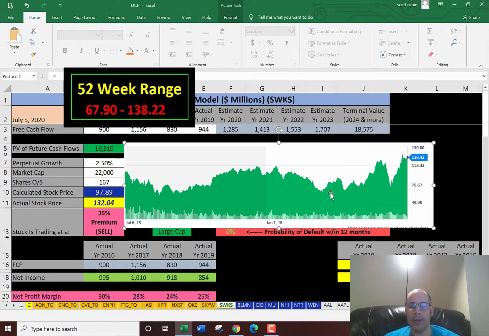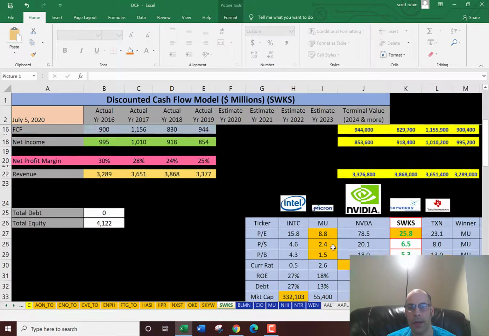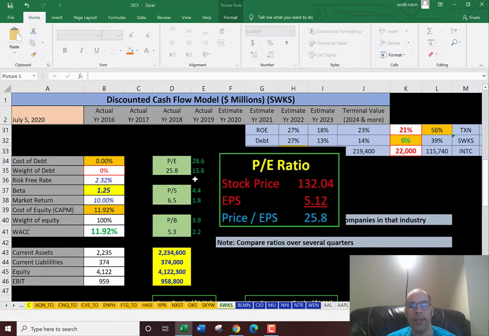So the stock price is really based off of supply and demand of the market. It's based off of the sentiment of investors and how they feel the future of the company is going to perform. Let's look at their financial ratios to get more information on this company. So they have a price to earnings ratio of 25.8. That's a pretty high ratio. That's price of stock over earnings per share.